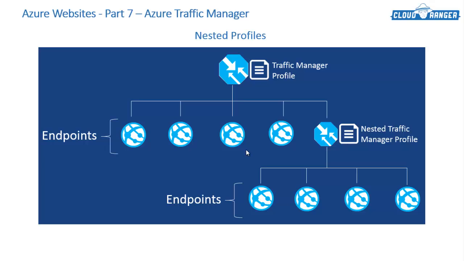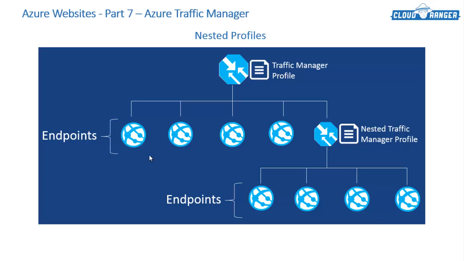But for your customers from Europe, you will have pointed to this endpoint, which is actually a Traffic Manager profile by itself. And these sites will be the ones load balanced for the European customers. So what you have just done is create a very robust multi-site website for your customers.